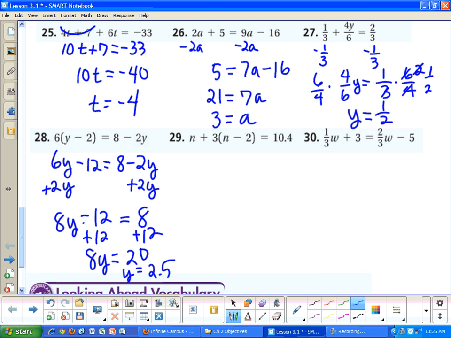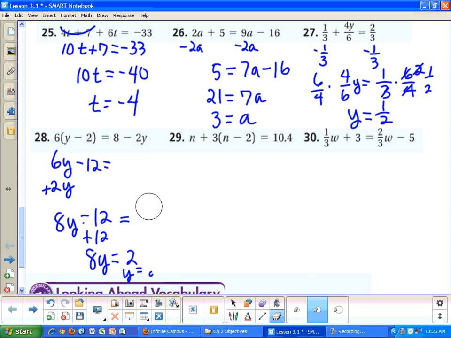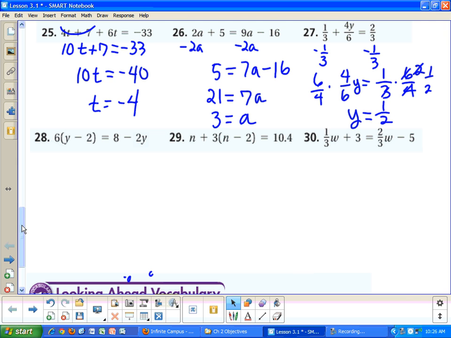Number 29, again, I'm going to use the distributive property. If I multiply this equation out, I get 3 times n minus 3 times 2, which is 6, is equal to 10.4.